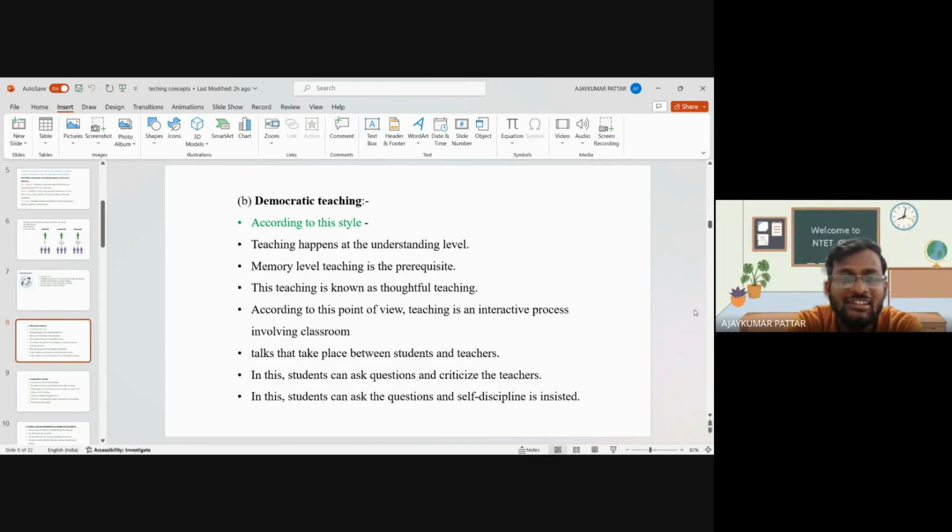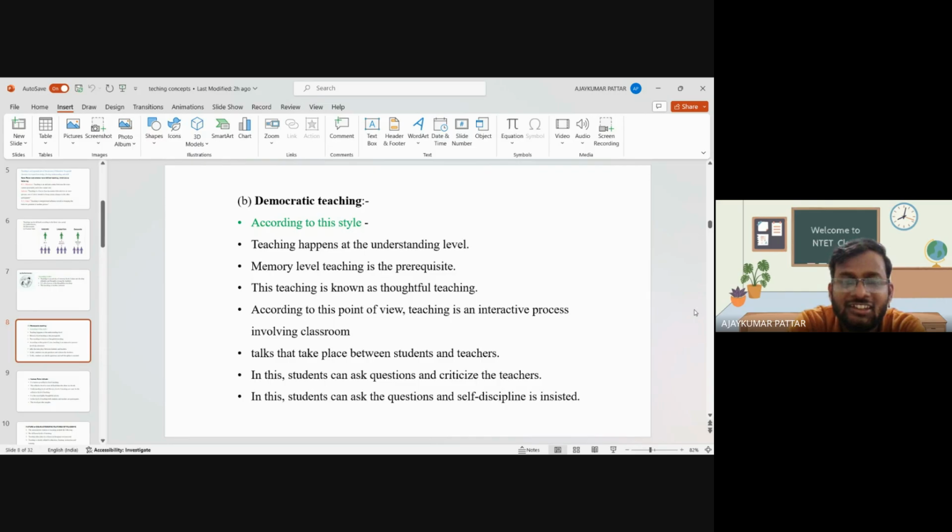To go to this democratic teaching, the prerequisite is memory level teaching. First you should know the concept. At the school level, you can already learn some things, some subjects, some concepts based on the memory level. If you know the matter and information, then only will you try to understand it. So this is understanding level democratic teaching.